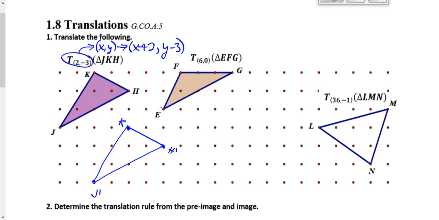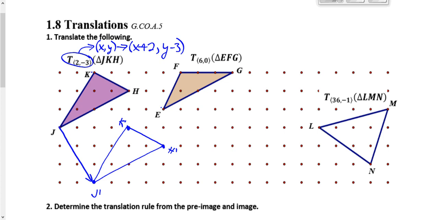Now let's talk about some of the properties of translations. These are important, okay? We just went right 2, down 3. Did I miscount? I think it's okay. Let me draw in some of these paths here. From here to here, that was the vector that moved that one.